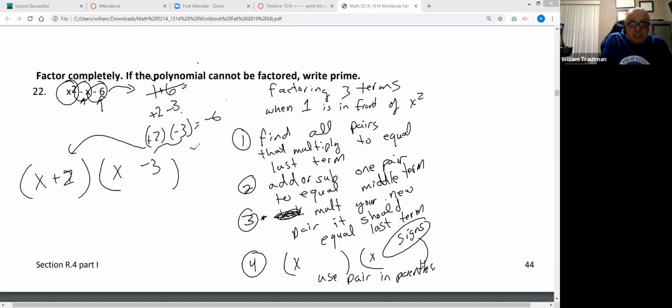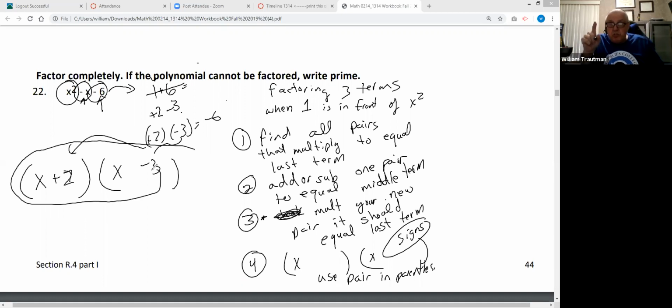This is the answer, the factored form, using the factoring 3 terms when the number 1 is in front of the x squared, using these 4 steps. And we're going to do this several times.